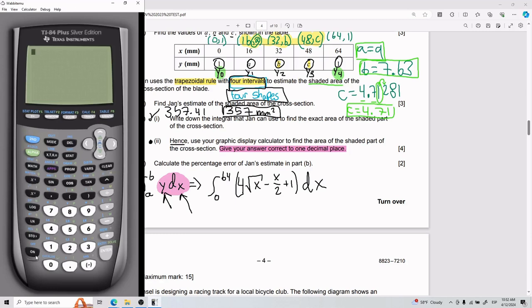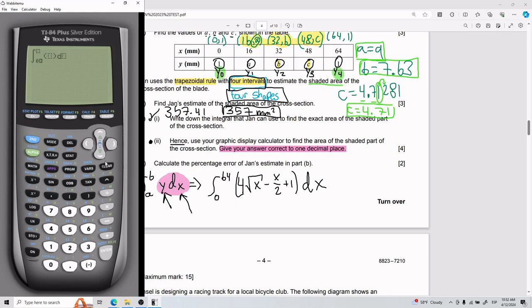So how does it work? Open up your graphing calculator, and you're going to do some mathy stuff. You press the math button, scroll a bit, and eventually you find this thing that says fnInt. Think about it this way: it's like the function of the integral. So you press it, and boom, there's everything you need.